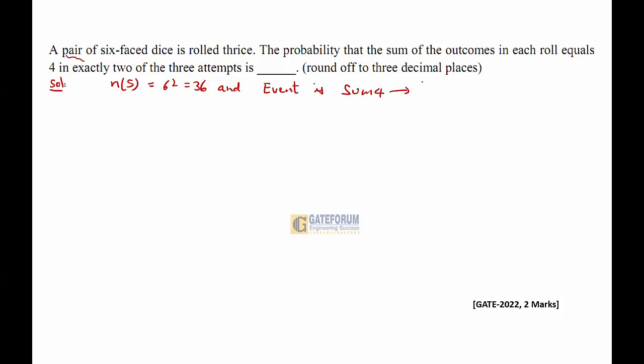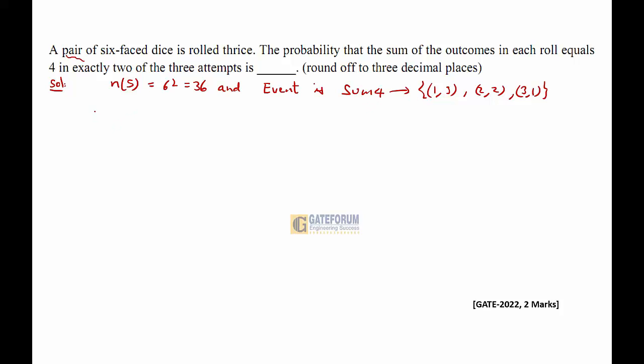Sum 4 corresponds to favorable outcomes, that is the numbers on the top faces of the 2 dice when the pair is rolled one time: 1 comma 3, 1 plus 3, 4; 2 comma 2, 2 plus 2, 4; 3 comma 1, 3 plus 1, 4. These three are the favorable outcomes to the event sum 4.